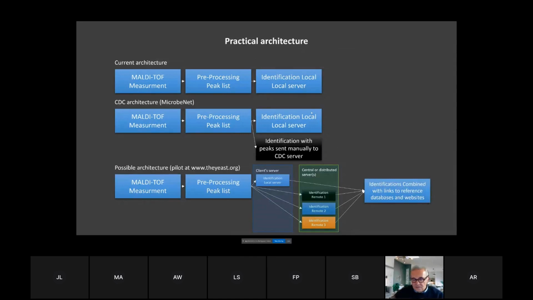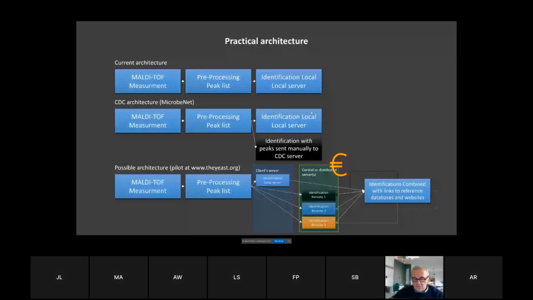The identifications would be combined into a single list of identification, and hyperlinks would be redirecting the results to the original database, showing the original strains that have been used to do the identification, or to get the profiles at least.